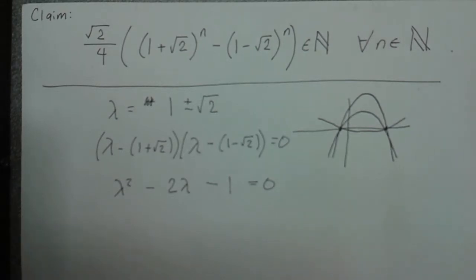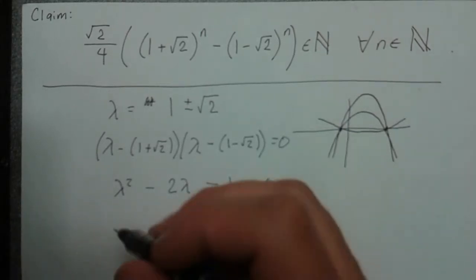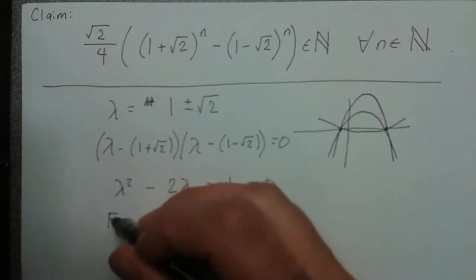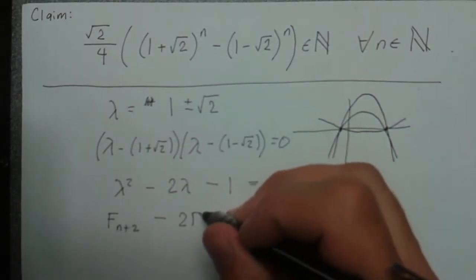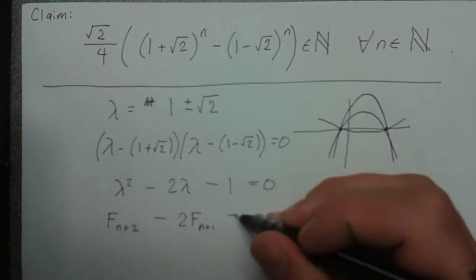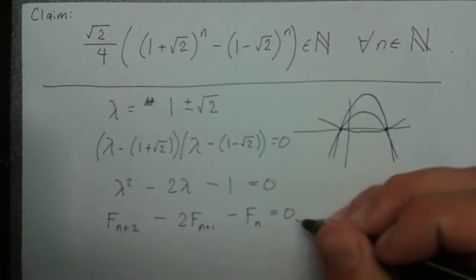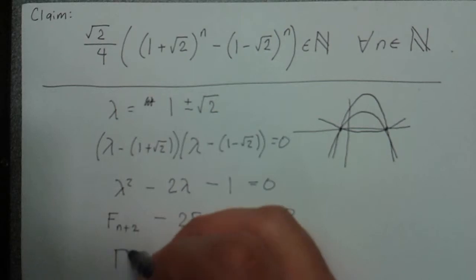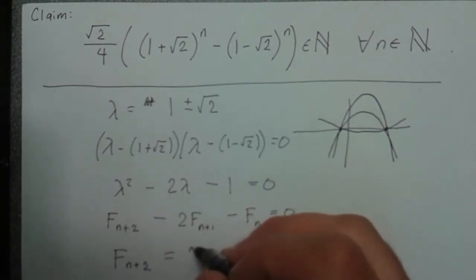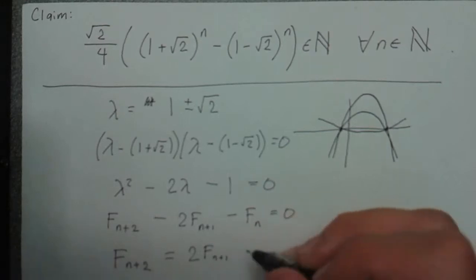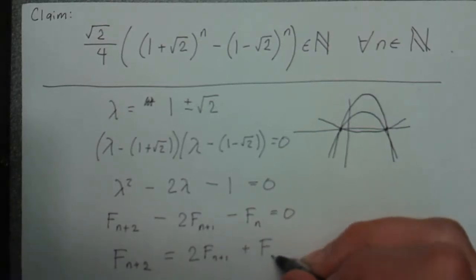Okay, so now what? Well, this means that the corresponding recurrence relation for this is going to be f(n+2) minus 2f(n+1) minus f(n) is equal to 0. And you can rearrange it, and you see f(n+2) is equal to 2f(n+1) plus f(n).